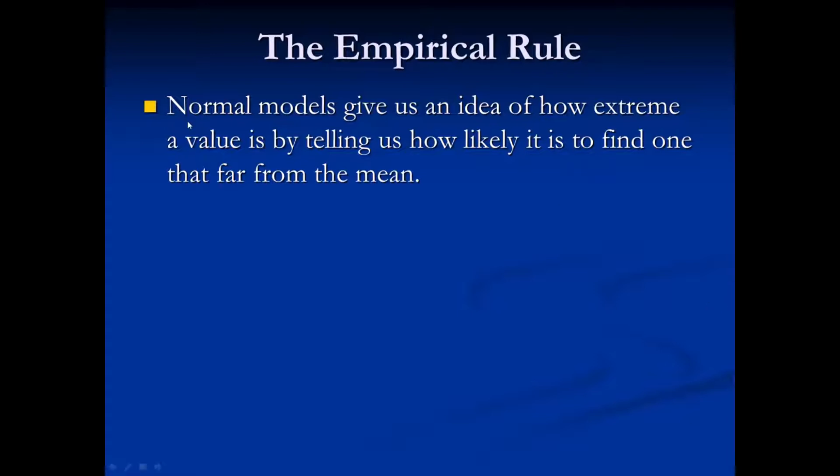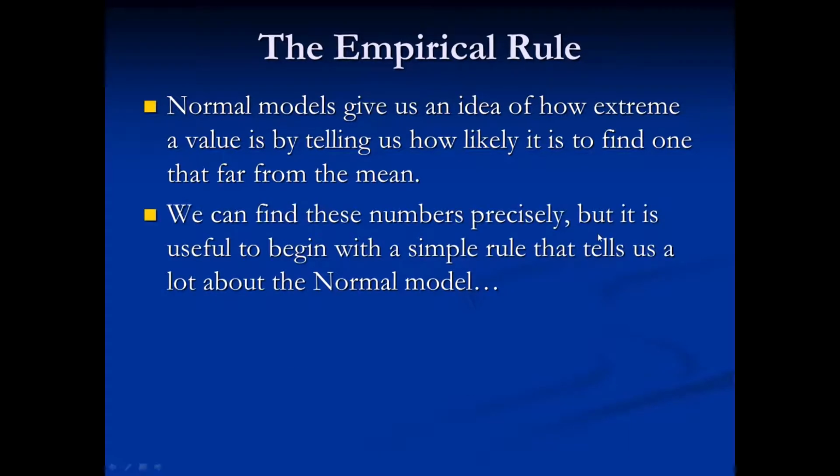Normal models give us an idea of how extreme a value is by telling us how likely it is to find one that far from the mean. We can find these numbers precisely, and we will do that. But we're going to start out with your empirical rule, which is an estimate, but it's an extremely good one. It's only off by very, very small amounts.